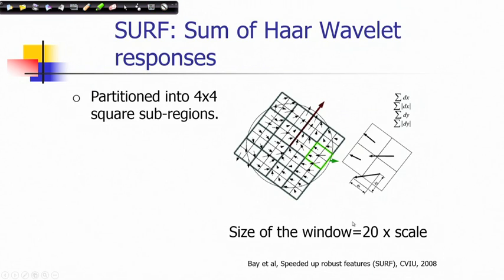And to get the final descriptor, we do not collect the binning of histograms like what we did in the case of SIFT. Instead, after performing these orientation corrections, we partition the square region into 4 cross 4 square subregions, and in each subregion we compute these particular quantities.